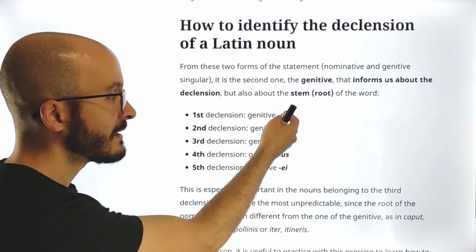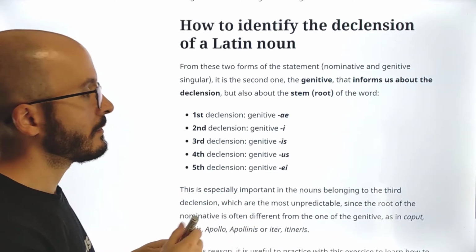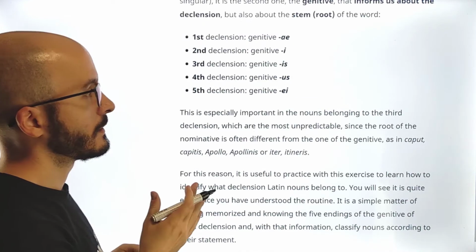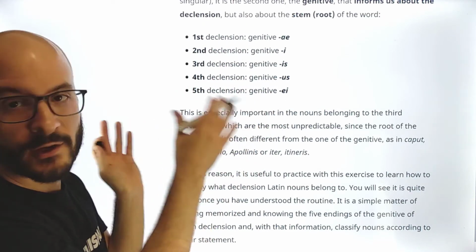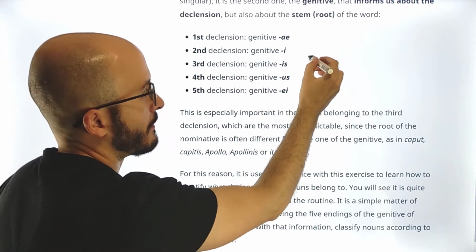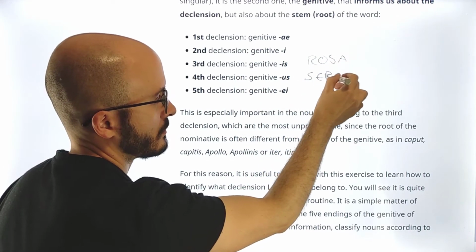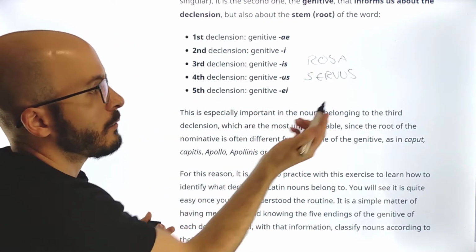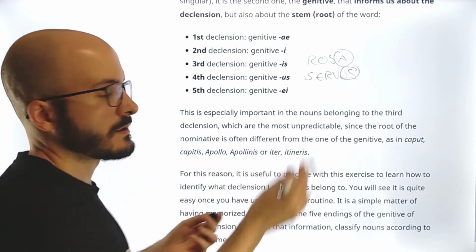So we see that all of them are completely different. Now, why is this important? Why the genitive? Why not the nominative? For example, we have rosa and we have servus, which we already said previously. And we can see a is the first declension and us is the second declension.